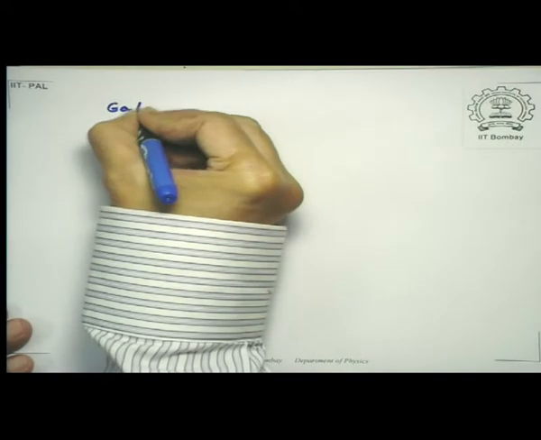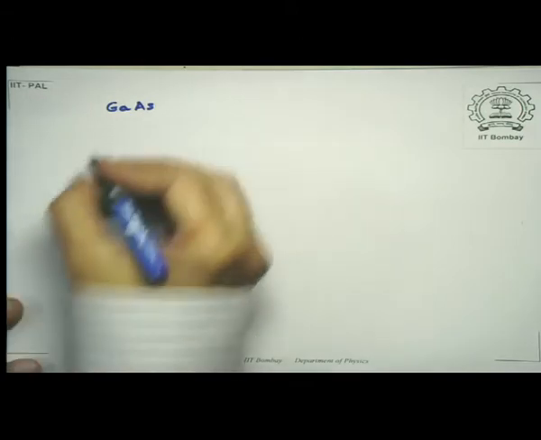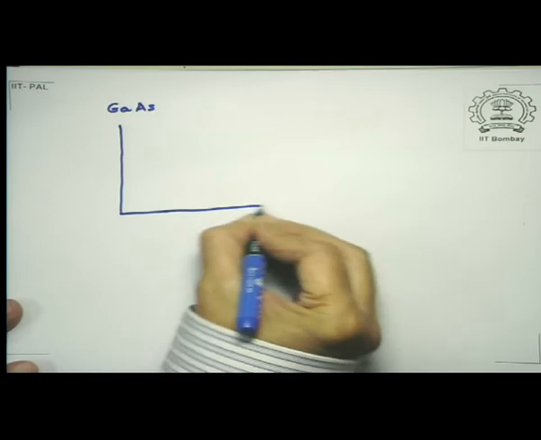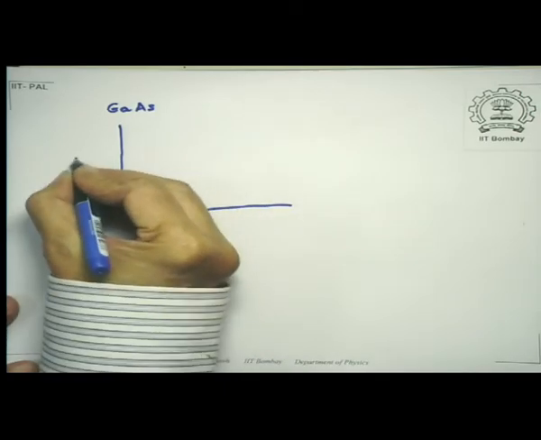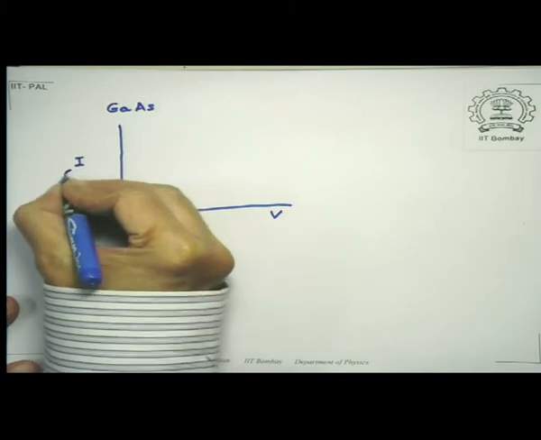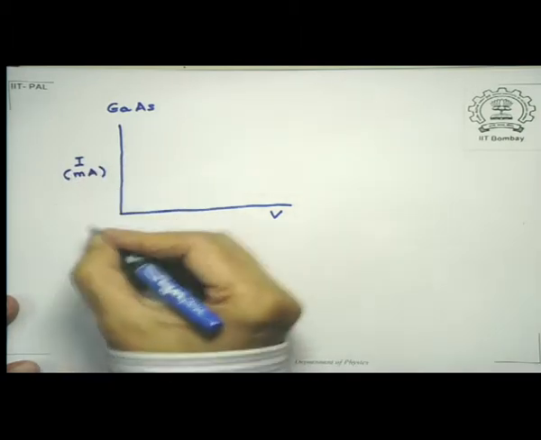Now, if we look at a typical semiconductor, for example gallium arsenide, and look at its current voltage characteristic, there's something interesting you find. So first thing that you notice is that in the current voltage curve, my current is typically in milliamps, V is in volts.